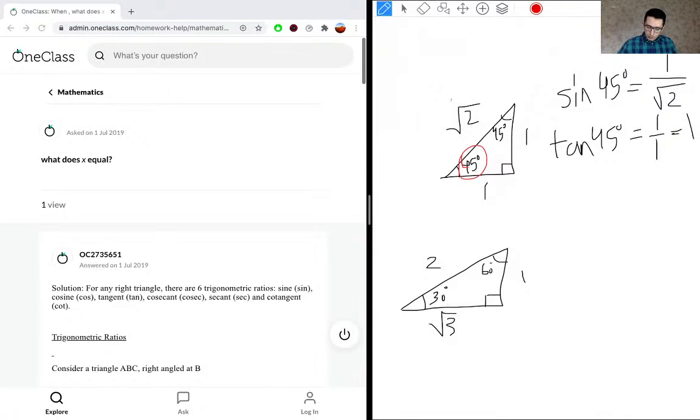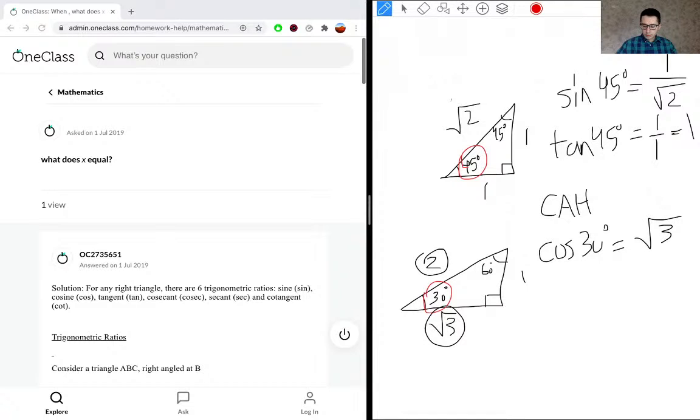We can also look at the second triangle. You can do the same for the rest of the trig ratios, so cos, cotangent, secant, and follow the same rules. Let's use cos 30 degrees. We know cos is CAH, adjacent over hypotenuse, and it's square root 3 over 2.